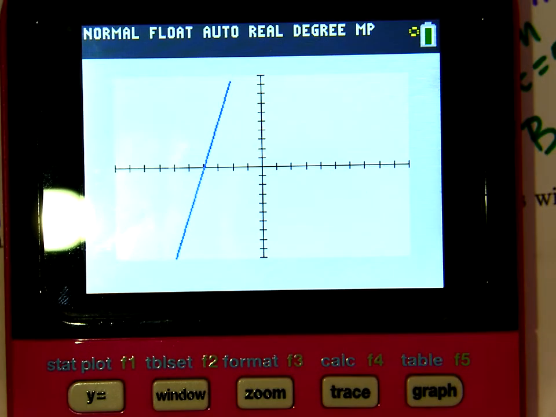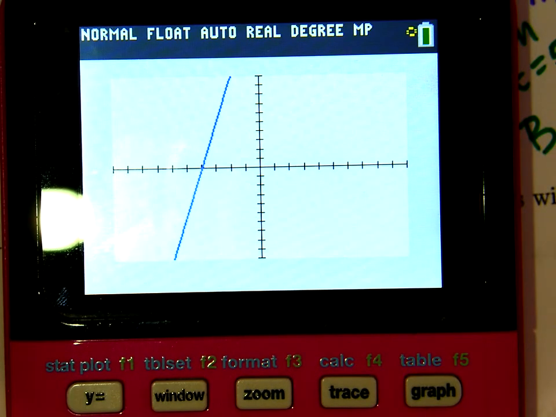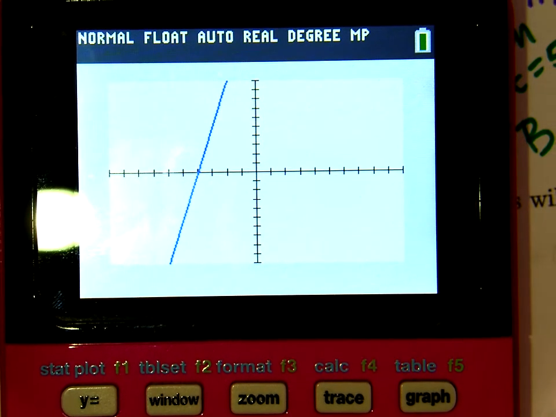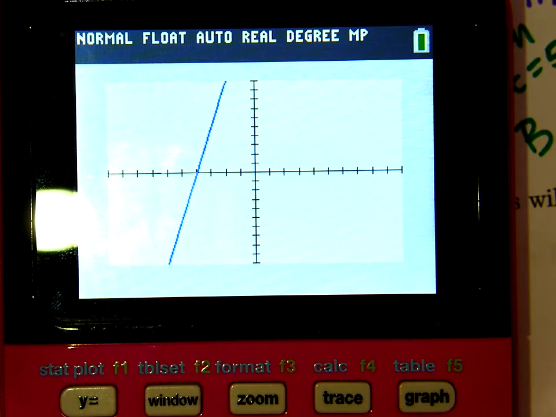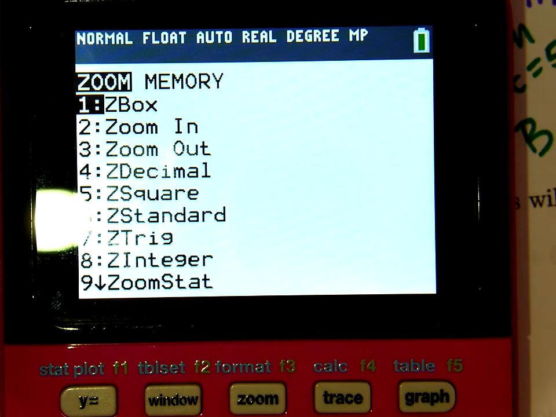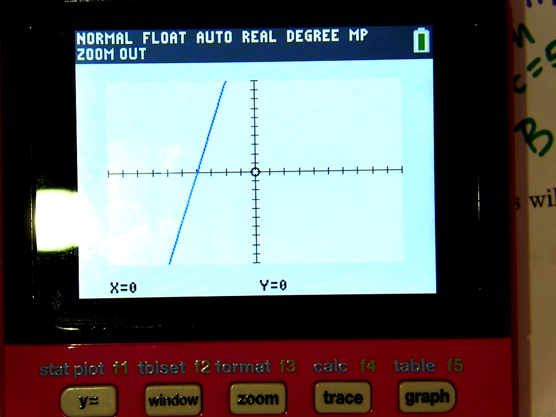Here we go. We definitely have to zoom out because one of them is showing up but not in the vicinity that we need it to be. So I'm going to zoom out, enter, and zoom out over here, something of the sort.